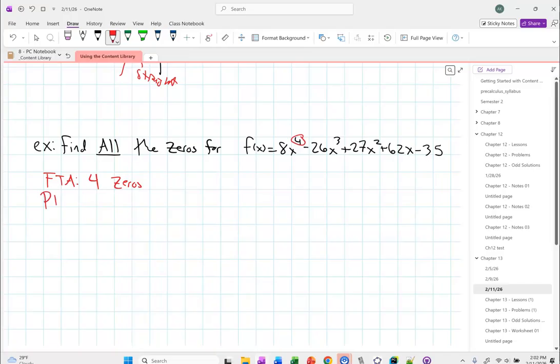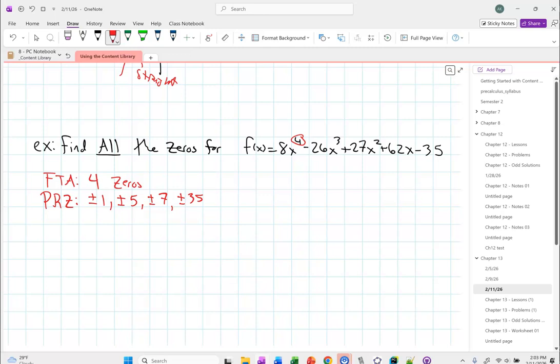I'm then going to identify my possible rational zeros. That's going to be the factors of 35 divided by the factors of 8. My factors of 35 are 1, 5, 7, and 35. My factors of 8 are 1, 2, 4, and 8.